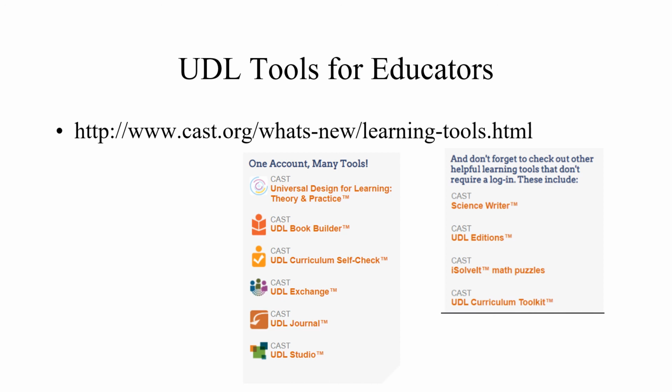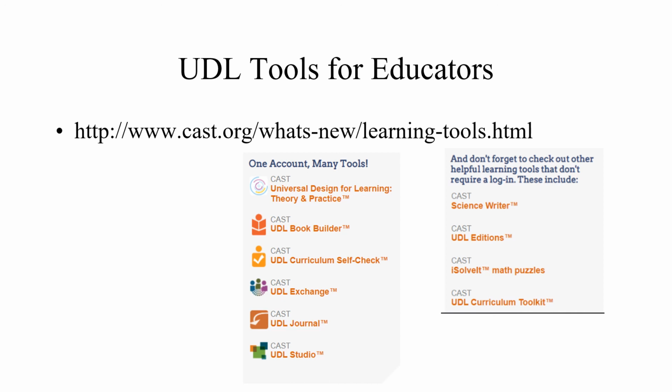A robust and well-researched organization, CAST provides access to a lot of free learning tools. As of the creation of this video, this is the current list of the tools that CAST provides. If you sign up for a free account, you can then log into this first listing of tools.